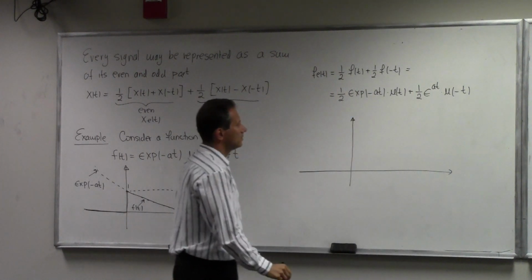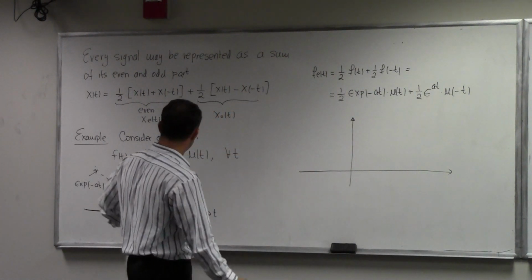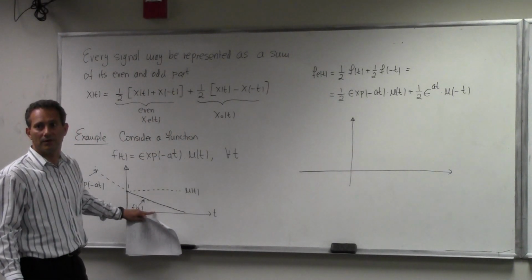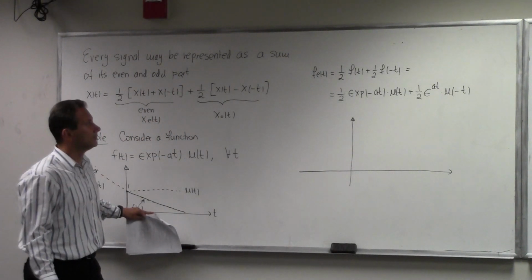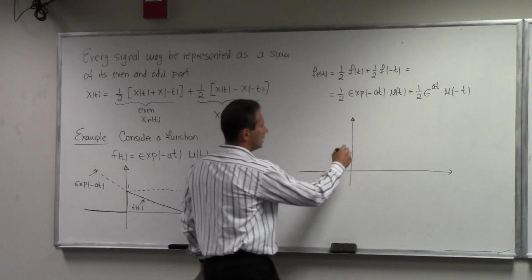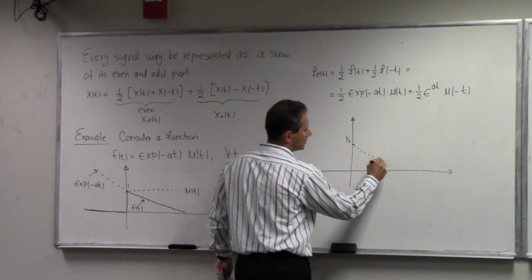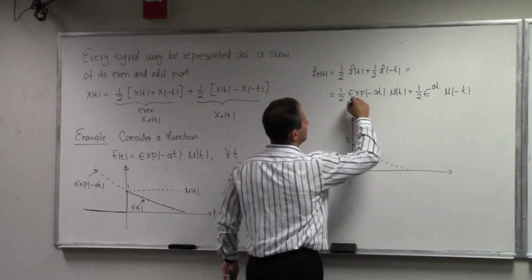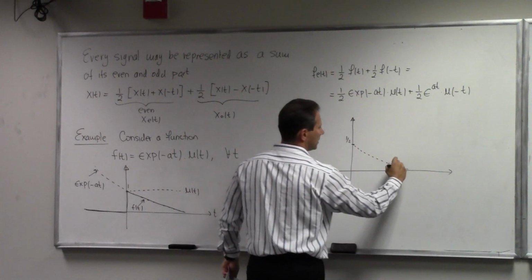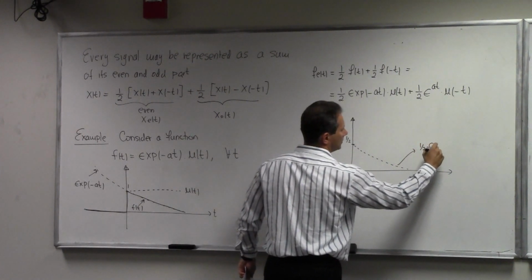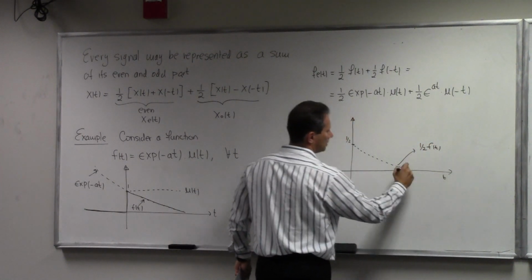What we have here is just scaled by 1/2, right? It's 1/2 of f of t. So if I call this 1/2, then this is how the first part looks like. This part here is 1/2 of f of t.